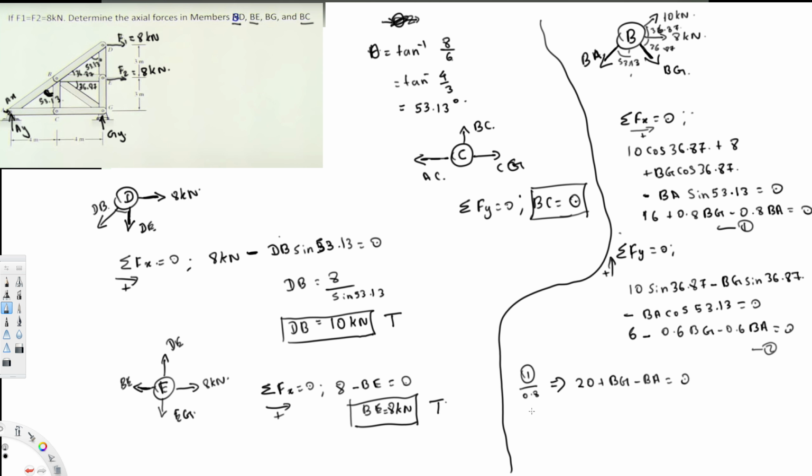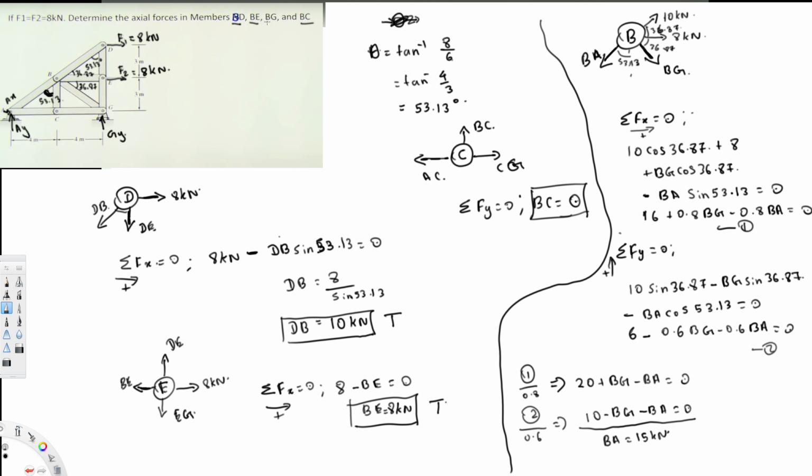And the second equation, if I divide it by 0.6, comes out to be 10 minus BG minus BA is equal to 0. If you add both of them together, BG cancels. Therefore 2BA will be equal to 30, and BA comes out to be 15 kilonewton.